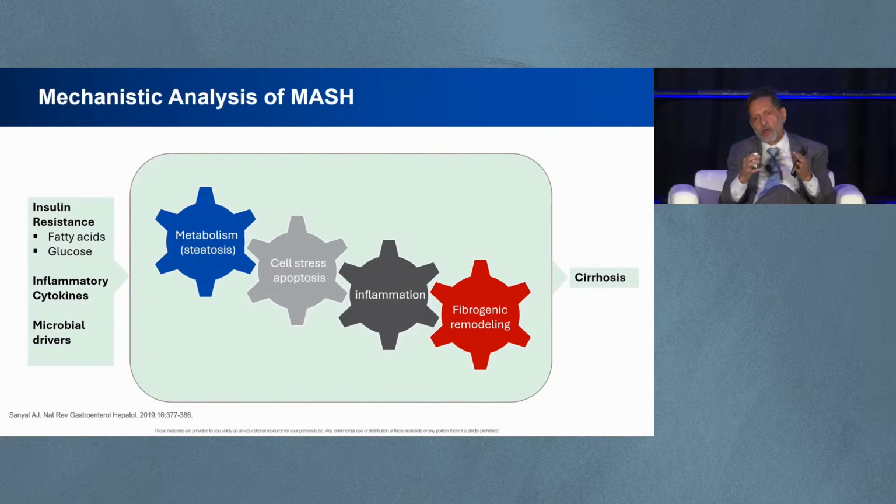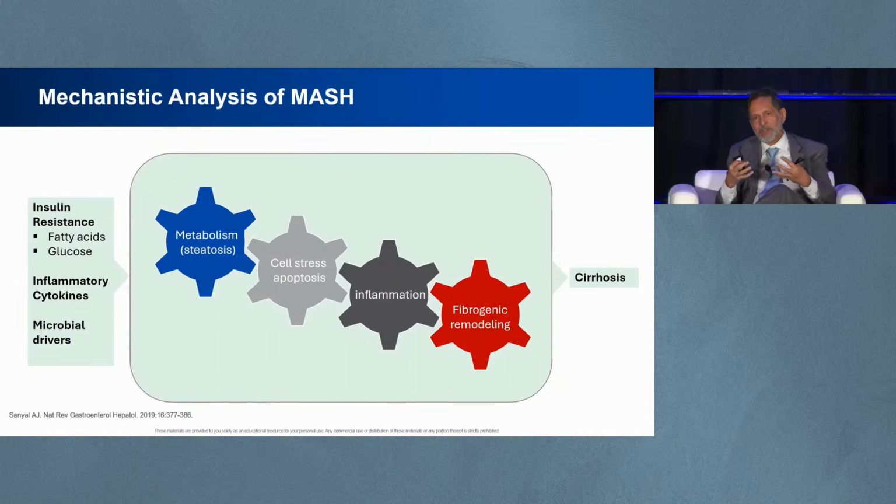It really starts with, on a background of insulin resistance and systemic metaboinflammation, you deliver excess fatty acids and glucose to the liver, which, in the context of all this inflammatory soup from the adipose tissue that the whole body is bathed in, puts the whole metabolic machinery of the liver into overdrive, creating cell stress. And if the cell is stressed enough, it kills the cell.